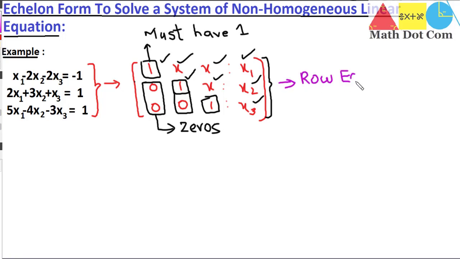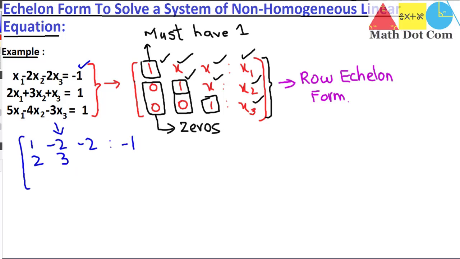So let's start converting it into the row echelon form by using row and column operations, but I am just going to use the row operation. In step 1 we have to convert this system of non-homogeneous linear equations into the augmented matrix: 1, minus 2, minus 2, then the constant that is minus 1; then 2, 3, 1, then constant with the colon sign, 5; then minus 4, minus 3, 1.